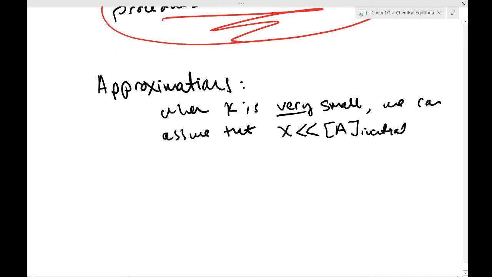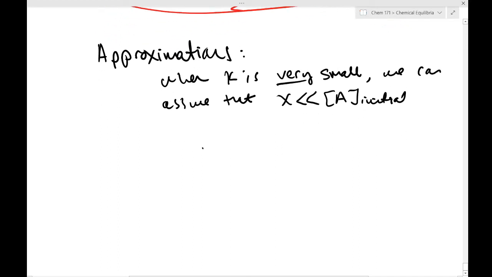Now let's think about this. If we have a reaction that starts with A and, for example, goes to 2B, our favorite generalized chemical equation. If we have some initial concentration of A, let's say 1.0 molar, why not?